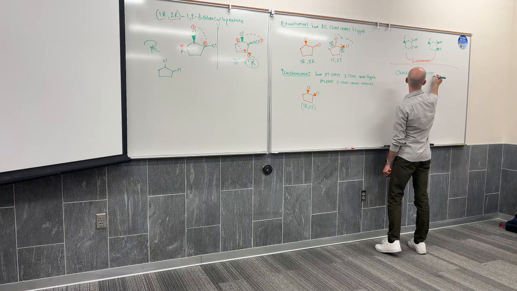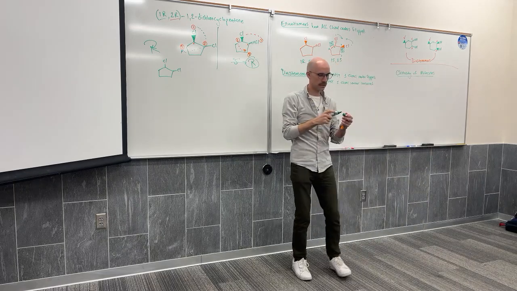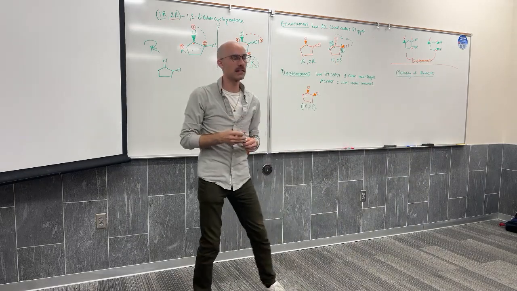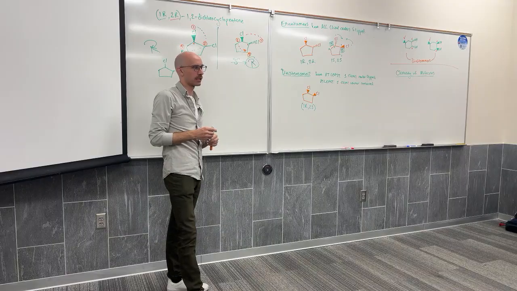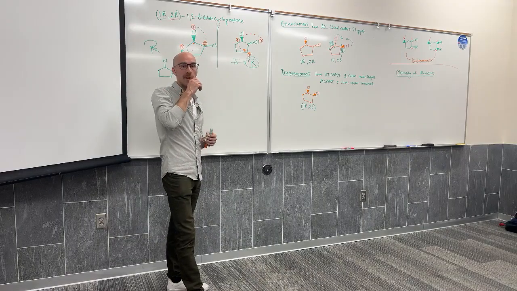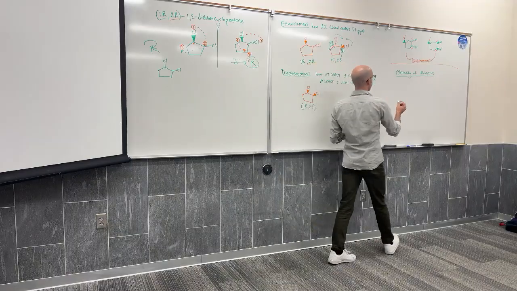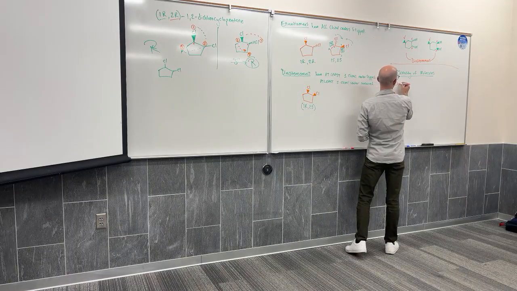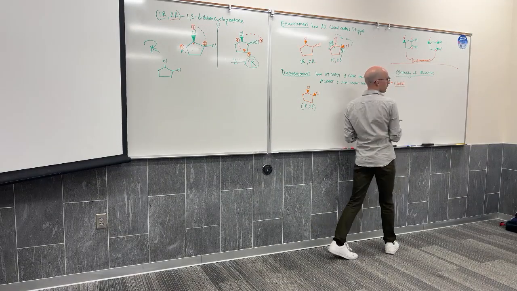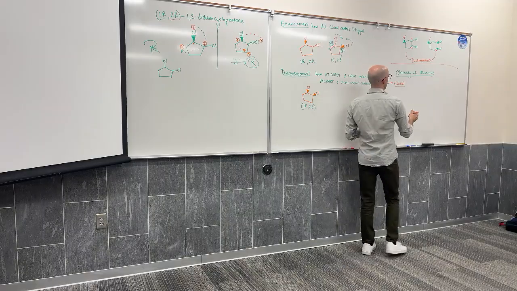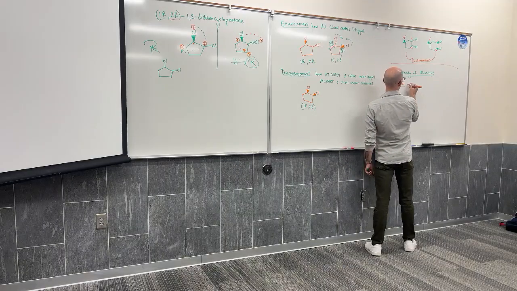Now we're going to take this idea of chirality, a lack of symmetry, and we're going to apply it to our molecules. There are three labels that we'll use. Two main labels. Chiral molecules.